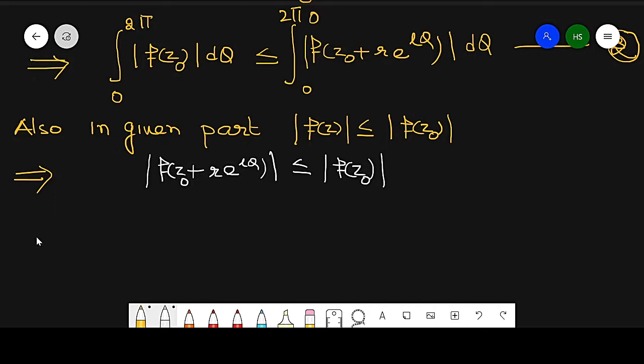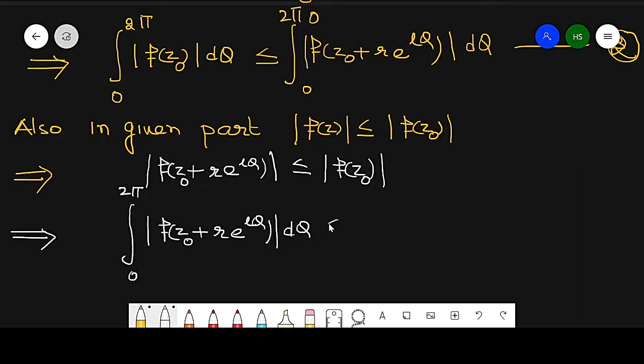Now it implies integral from 0 to 2 pi of modulus of f(z naught plus r e raised to power i theta) d theta is less than or equal to integral from 0 to 2 pi of modulus of f(z naught) d theta. This is equation number 3.